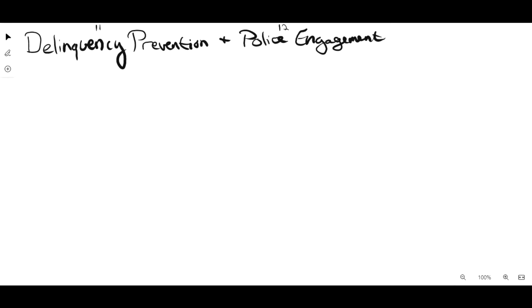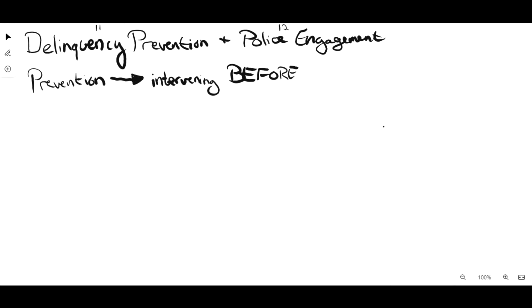And it's important to note when we talk about prevention, prevention is inherently, and this is going to be something that comes up, hint, hint, nudge, nudge, intervening before any kind of delinquency.